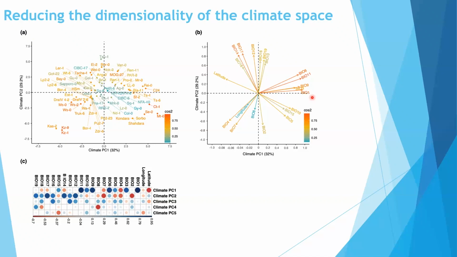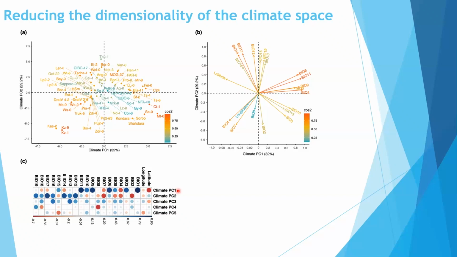We did a principal component analysis on that data as well, to generate principal components. The one we're interested in is principal component 1. I know a lot of these numbers probably don't mean anything to you, but I can tell you that climate principal component 1 is mainly defined by climatic parameters associated with precipitation.